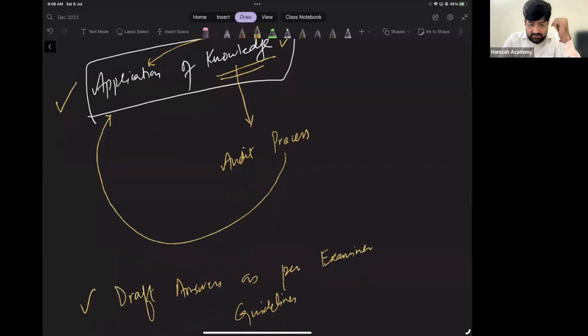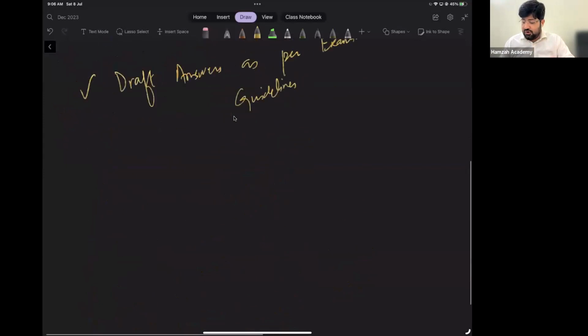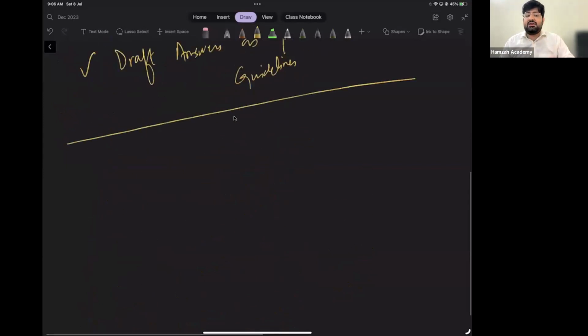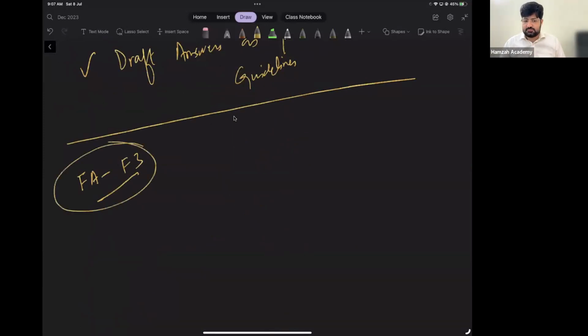Audit and assurance utilizes some knowledge from your previous syllabus, financial accounting, which is F3. If you have forgotten that, no worries, it is not that reliant on that. We will be discussing some relevant concepts again from scratch in the audit and assurance paper.